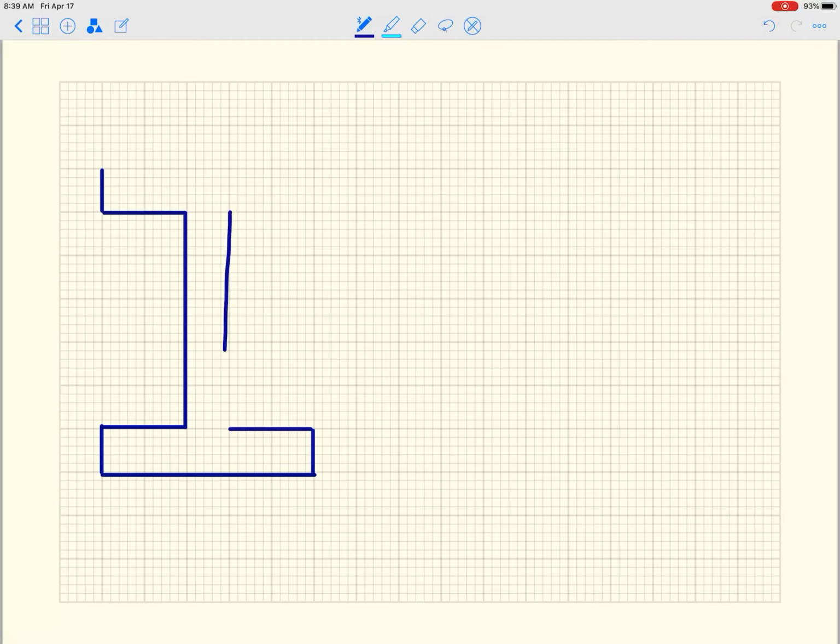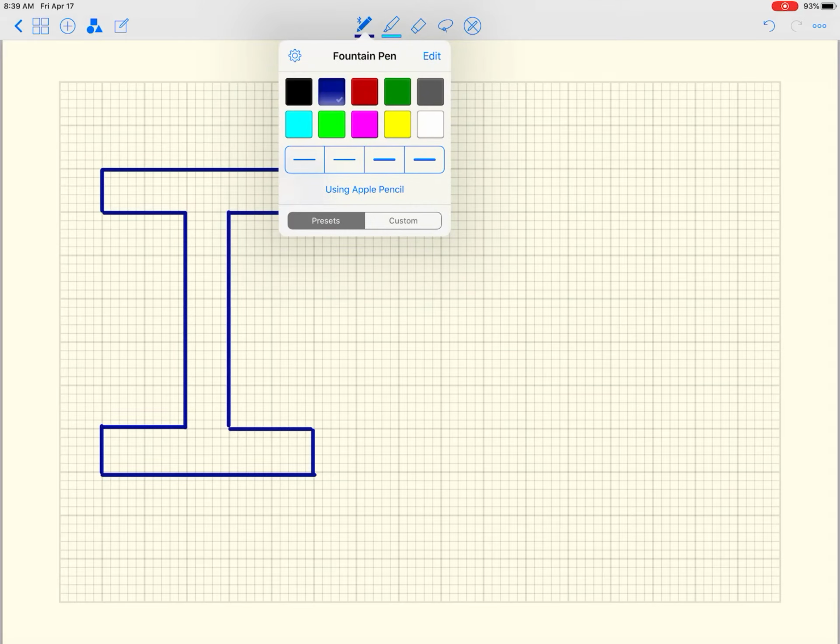So I'm going to redraw that, and I'm going to shrink down the flange width just a little bit. Again, this is all conceptual, and the reason I'm doing that is just to provide some room to plot the shear flow and then the shear stress.